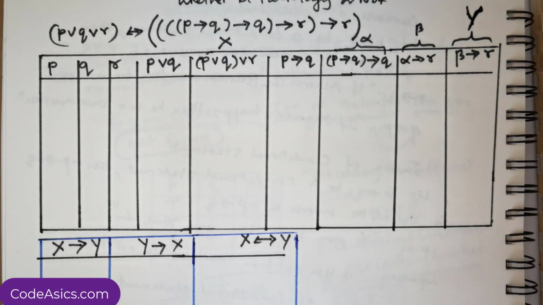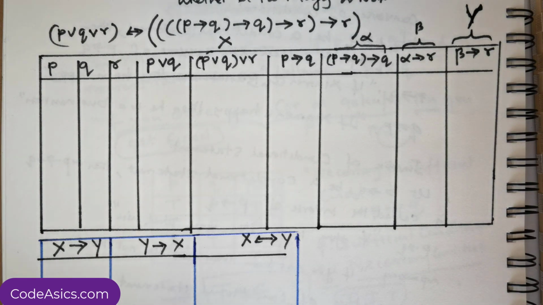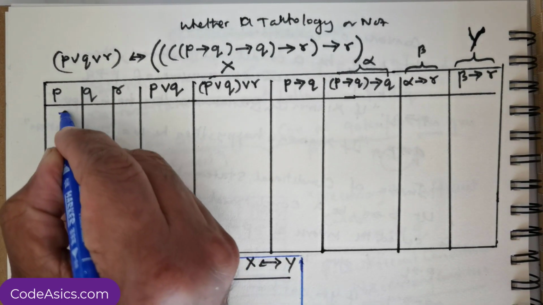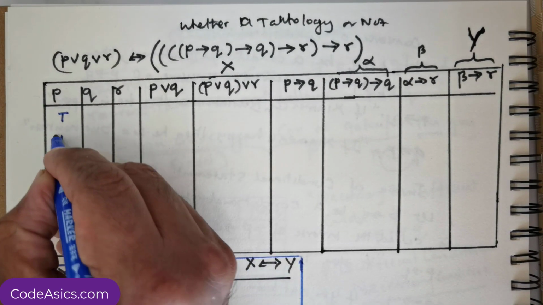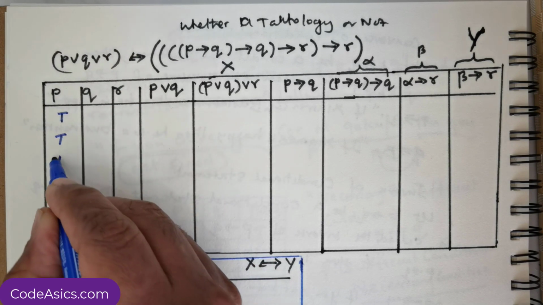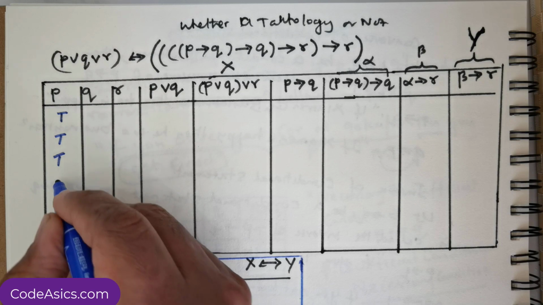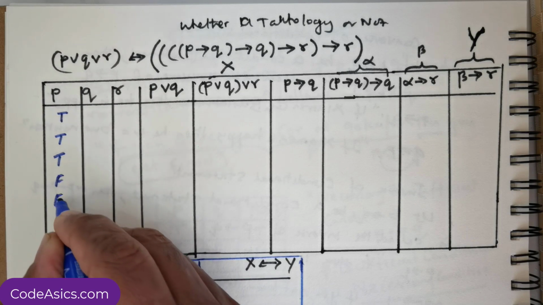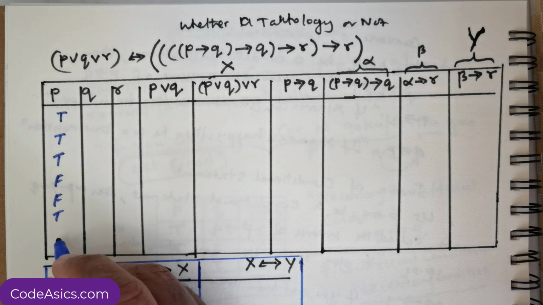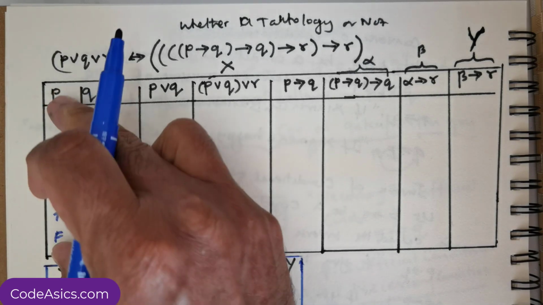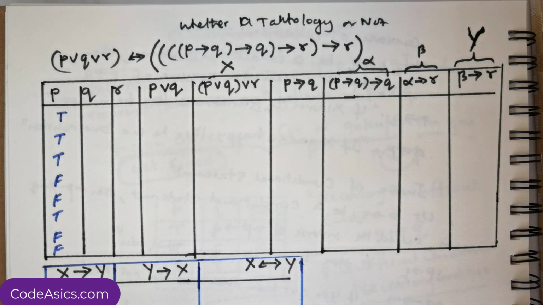Now let me write down the truth values. So we start with T, T, T, and then F, F, T, F, F, T, and then F, F. So this is the way you will have to place the values.